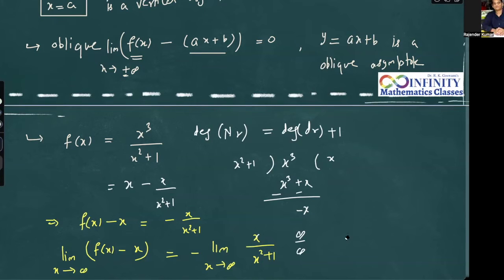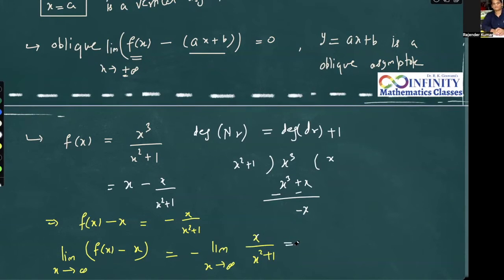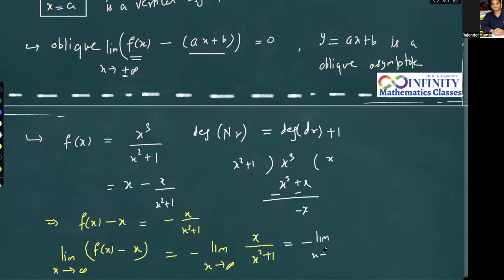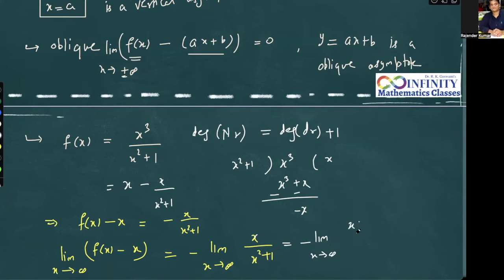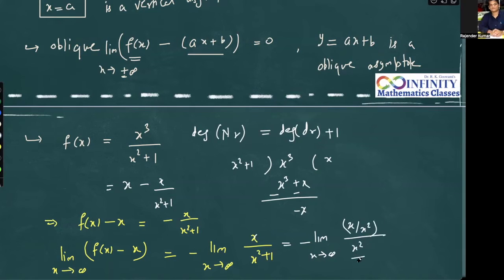But fortunately, this is going to be very easy for me. Whenever there is an infinity over infinity structure and it is a rational function, I am going to divide the numerator and denominator by the highest exponent of x, which is going to be x square. So divide the numerator by x square and divide the denominator by x square.